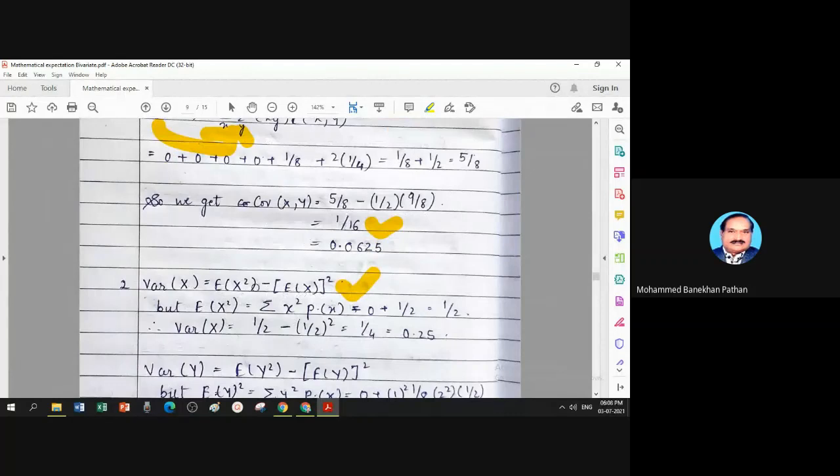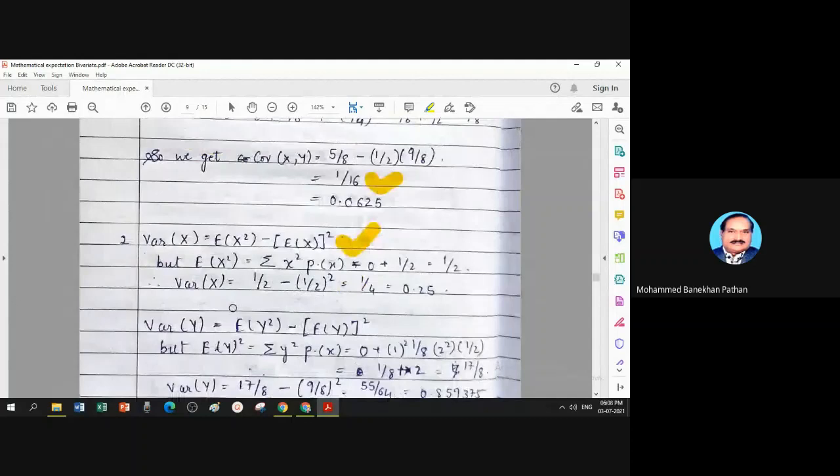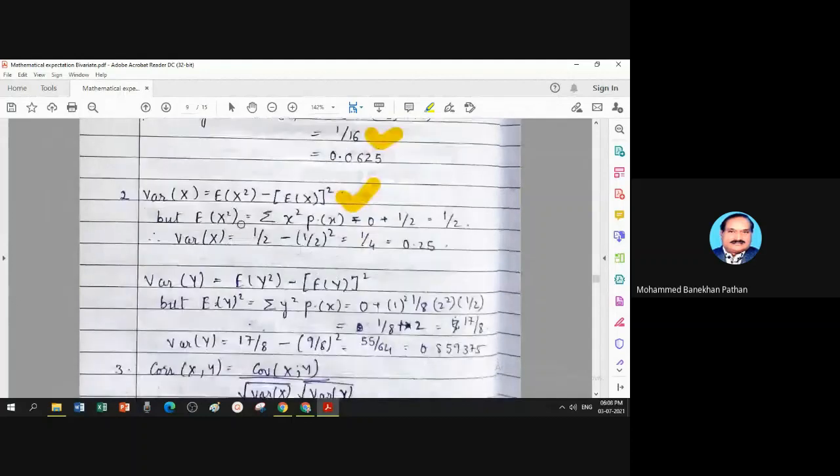E of x squared is nothing but summation x squared into P of x. First value of x is 0, multiplied by anything is 0. Second value of x is 1, 1 squared into probability is half. Result is half. Variance of x: E of x squared is half minus E of x squared, result 1.